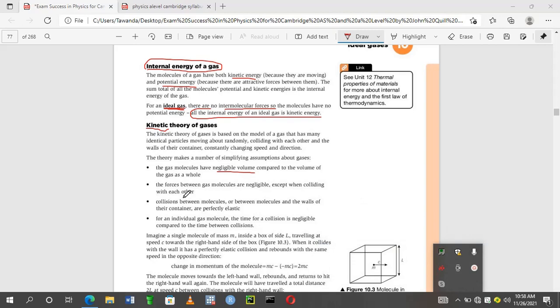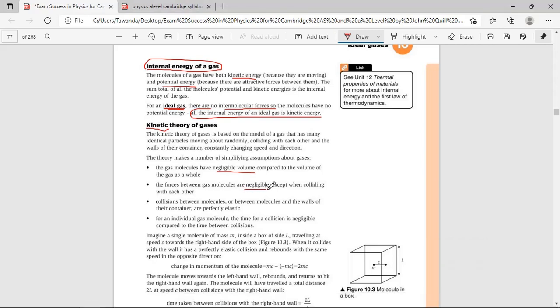So the second assumption, we are going to say forces between the gas molecules are negligible, like what I've explained earlier. Intermolecular forces: we are going to say there are no intermolecular forces between the gas molecules, meaning to say forces between the molecules are negligible, except when colliding with each other.